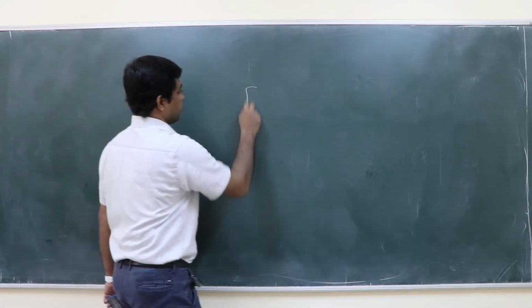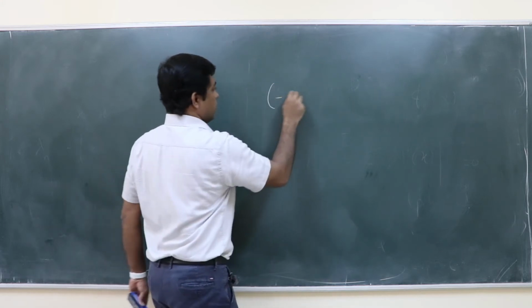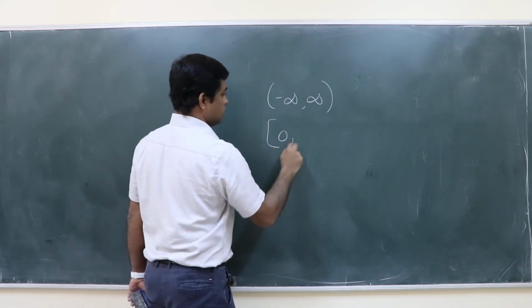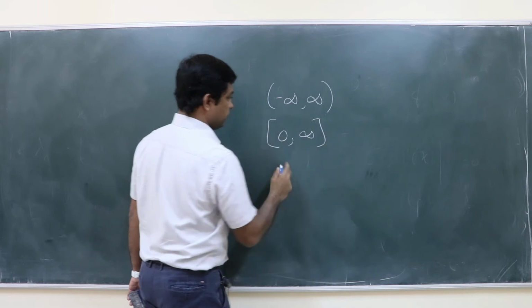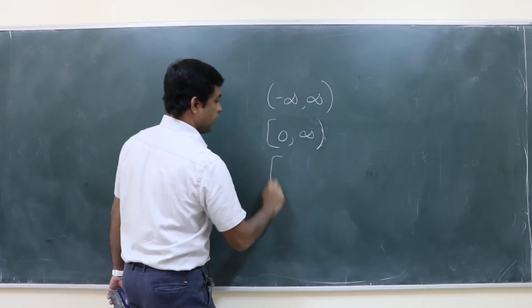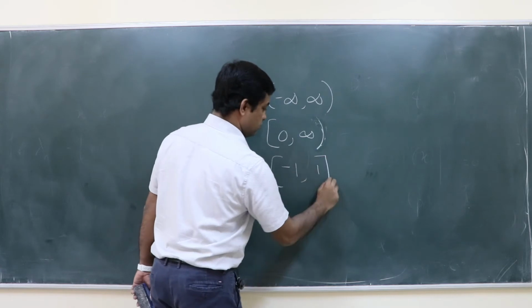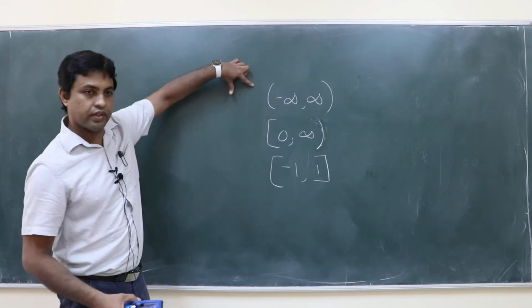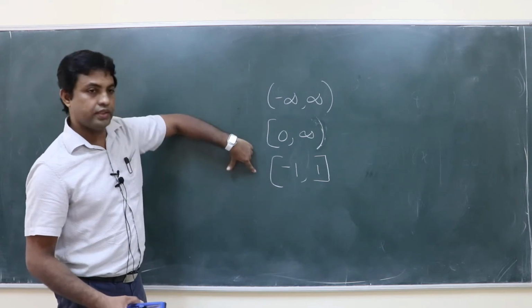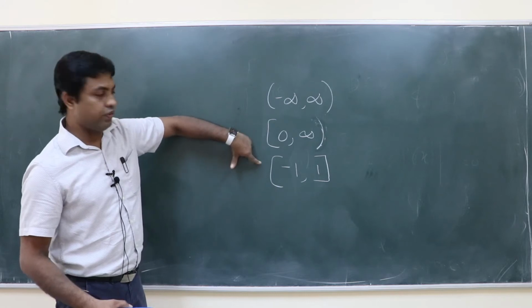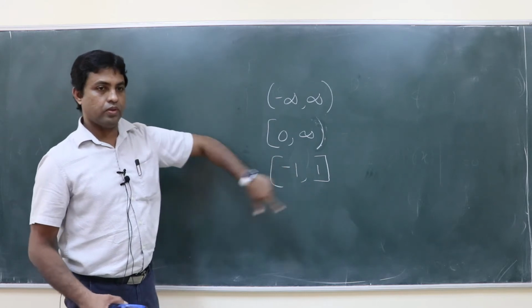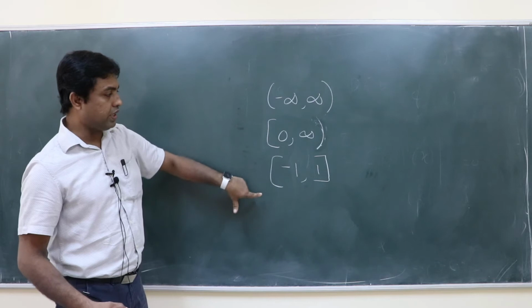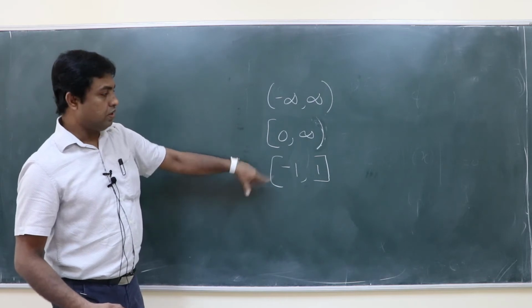Then minus 1 to 1. Any finite interval you can scale to minus 1 to 1. So one is an infinite interval, another is semi-infinite, and this is finite.